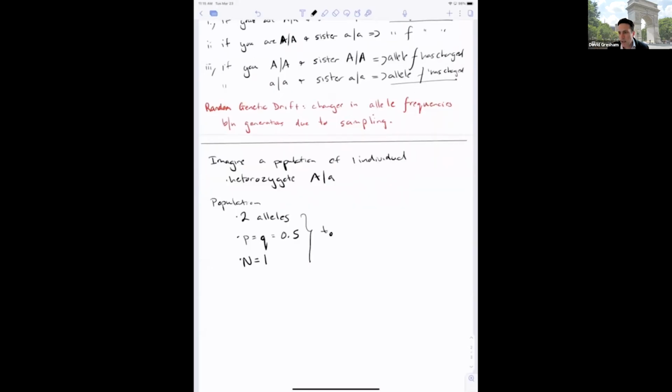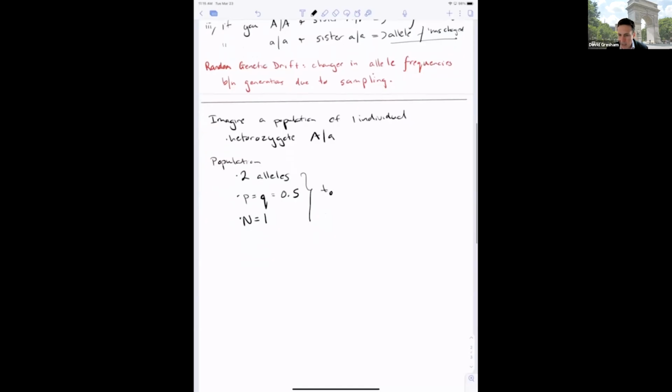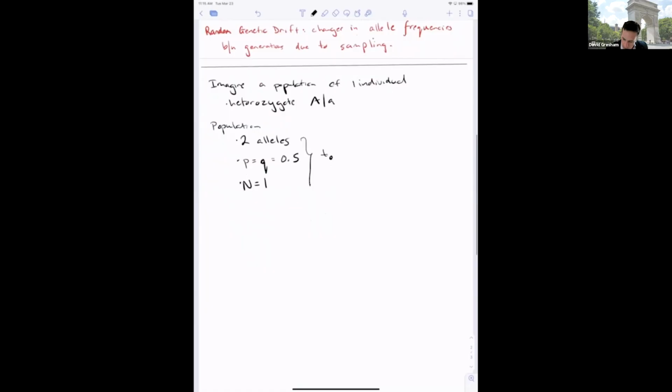And so a question we can ask then is, given that we have this population of 1 individual, and we're in the theoretical realm here, we can generate a new generation from that one population. We can ask the question, what is the probability that the population will drift through this process of random sampling to P equals 1 and Q equals 0 at T1?